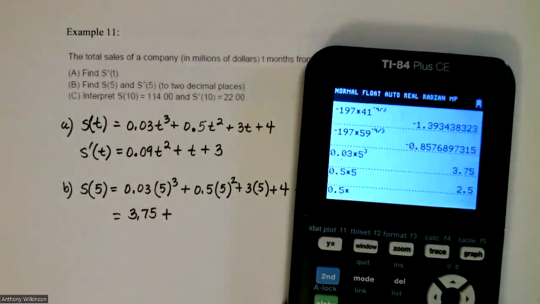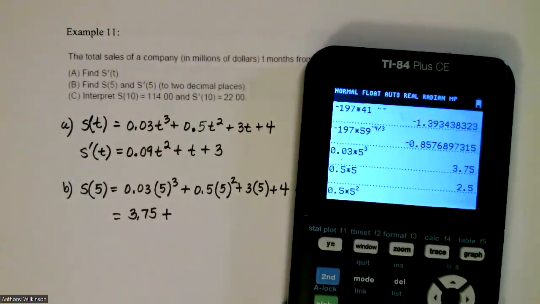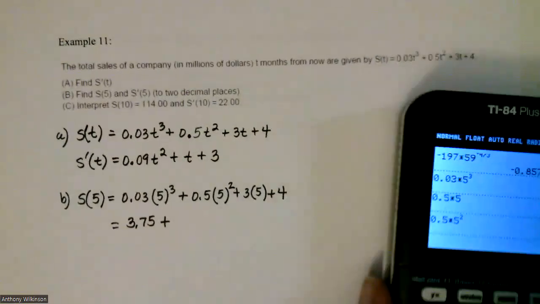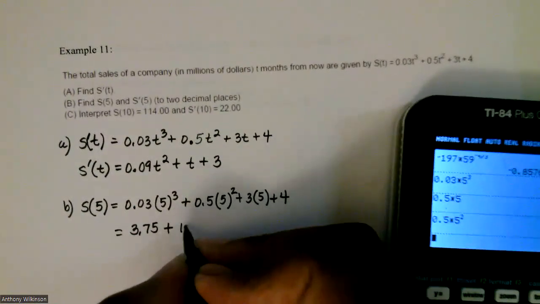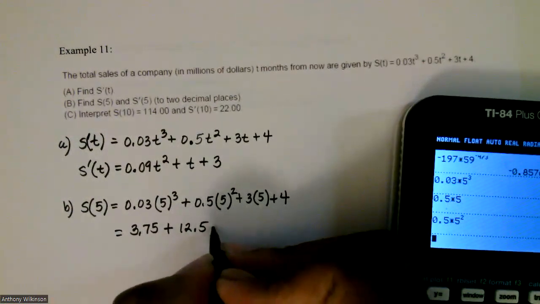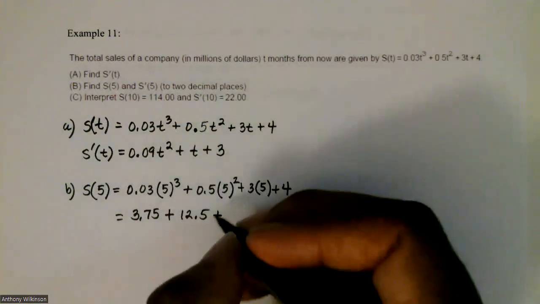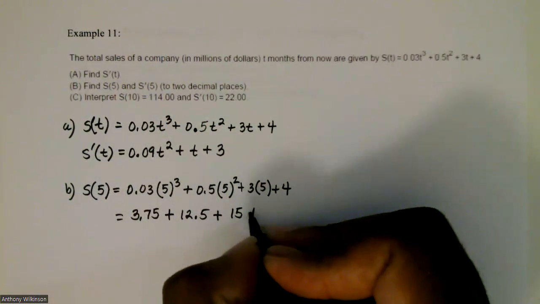0.5 times 5, and then you square it, would be 12.5. And then plus 3 times 5, that would be 15, plus 4.